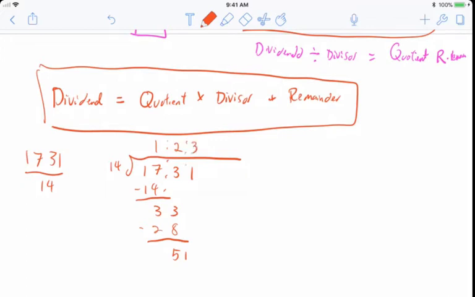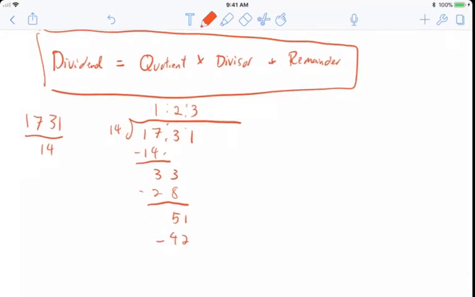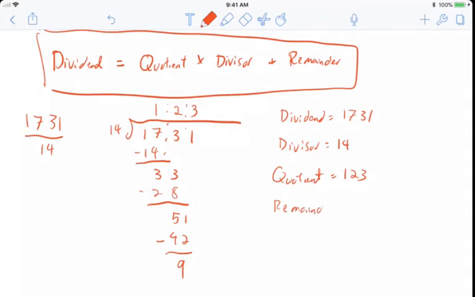So that's 342. And the remainder is 9. Okay? So the dividend is 1731. The divisor is 14. The quotient is 123. And the remainder is equal to 9. Okay?